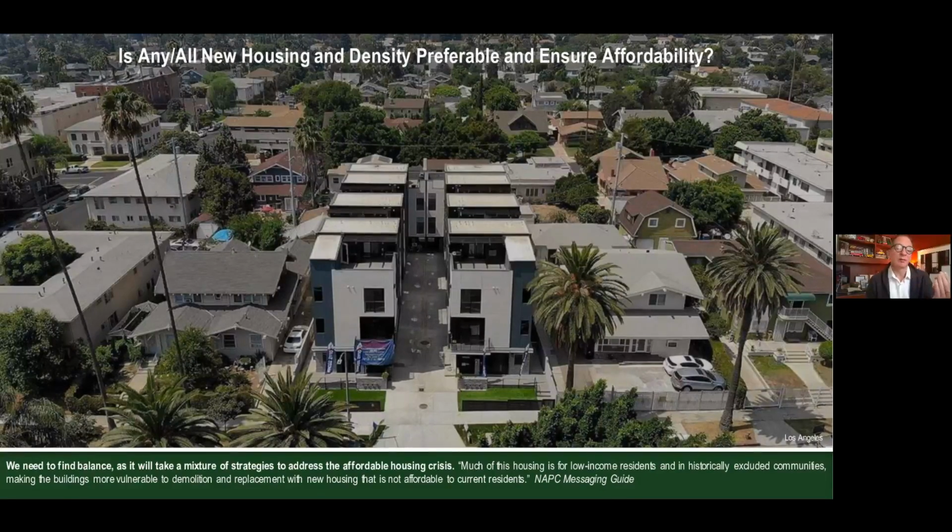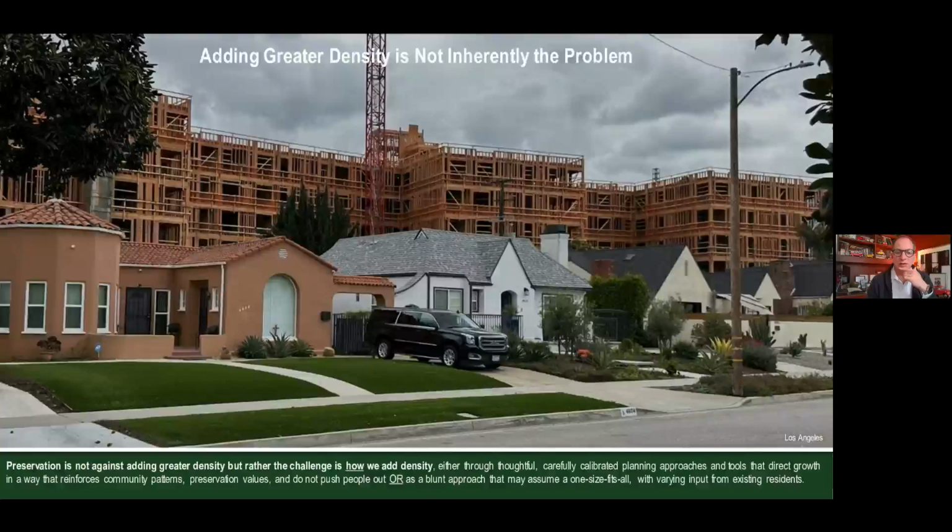Does it reinforce existing neighborhood character? Does it push out existing low-income residents? I quote a piece here from the NAPC messaging guide, which Cindy is going to talk more about, on how we are providing for especially our vulnerable low-income residents in some of these neighborhoods with these types of new developments. Does it help them, or is there almost a domino effect as this plays out in a neighborhood?